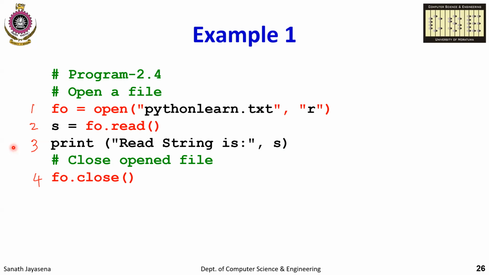Because it's a matter of reading the content of the Python learn.txt from the disk and keeping it in the memory. If you have enough space in memory to keep that, no problem. It will work. Python will take care of the memory requirements, because automatic memory management is done on behalf of the programmer. The programmer doesn't have to worry.